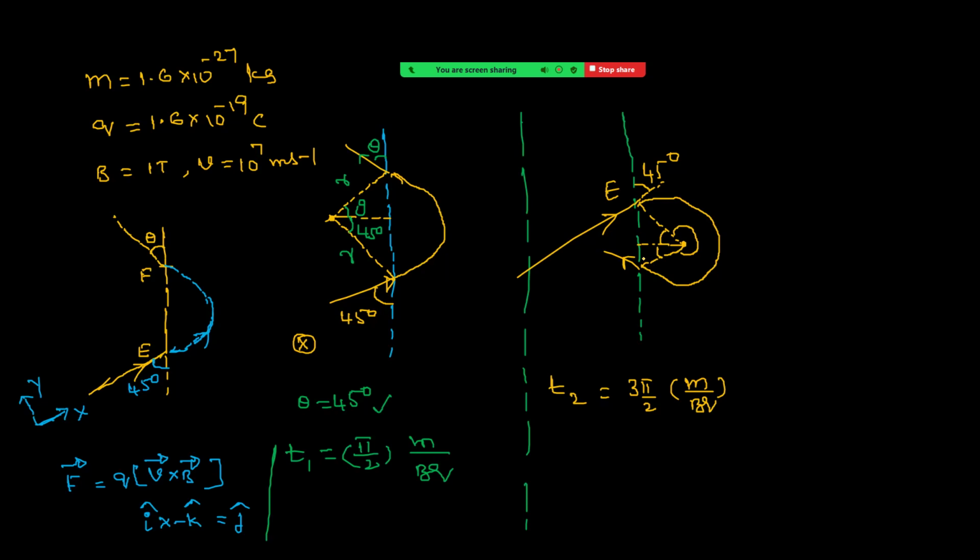In both cases, it is a circle only. But here, it has spent less time in the field. Here, it is spending more time. If they ask to find the relation between T1 and T2, we can say T2 is 3 times T1, right? So I hope you got clarity.